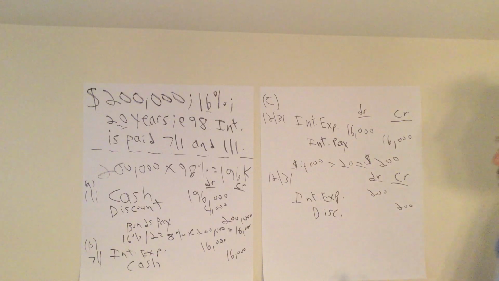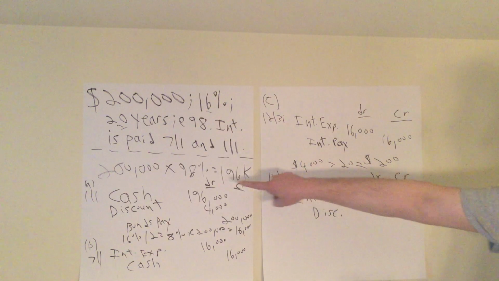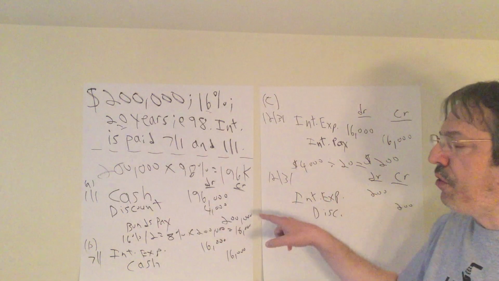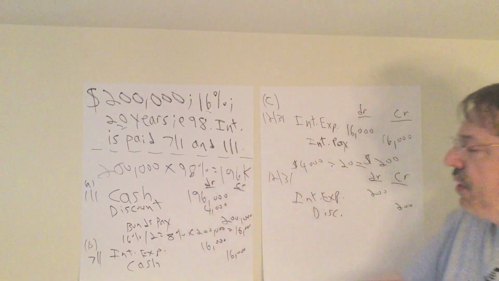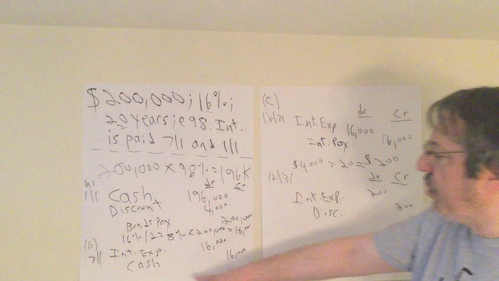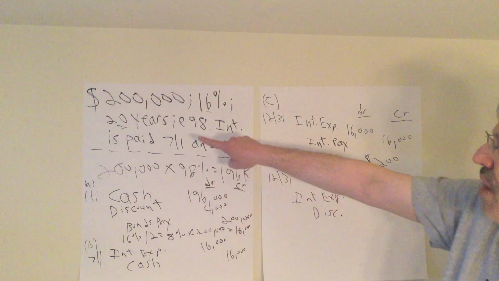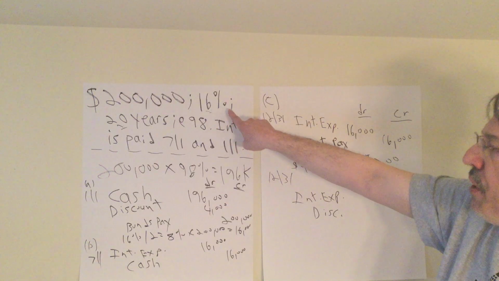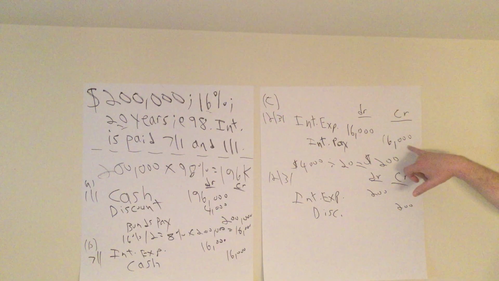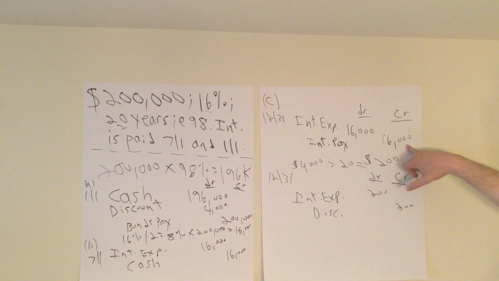So just to recap, we issued the bond, we debited cash, we credited bonds payable, and the difference is going to go either to a discount or a premium. In this case, it's a discount. Then every 6 months we pay interest. So we debit interest expense, we're going to credit cash. So it's going to be half of the annual rate. So 16 divided by 2 times the amount of the bonds. Sometimes we need to accrue the interest if we're not actually paying it.